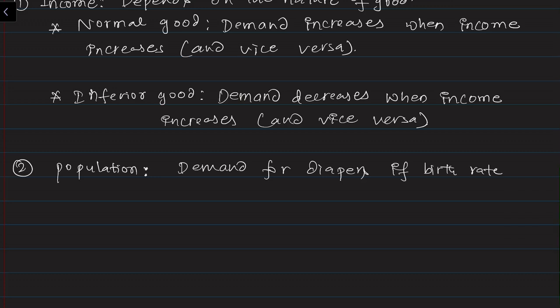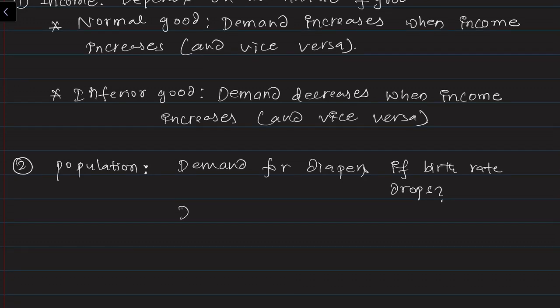There will be a decrease in demand, right? Because there will be less number of children. So the demand will decrease, which means the demand curve will shift to the left.